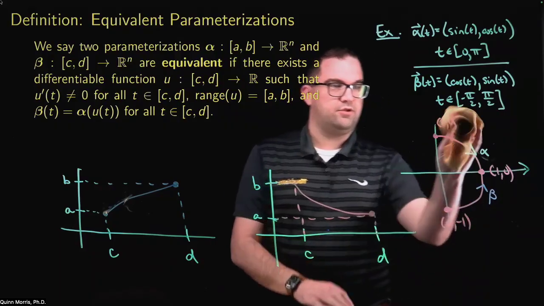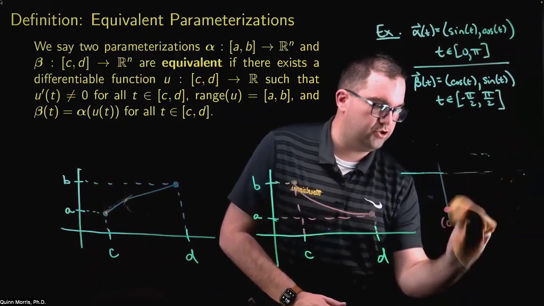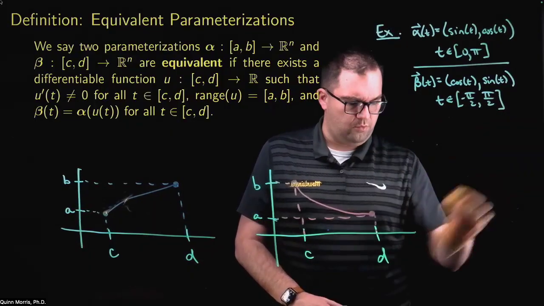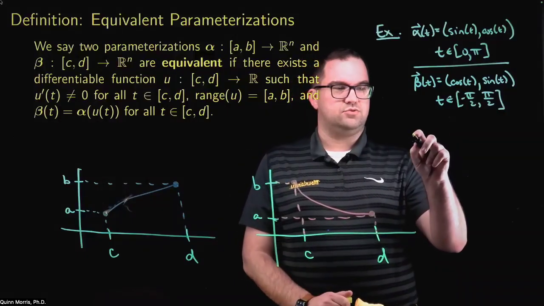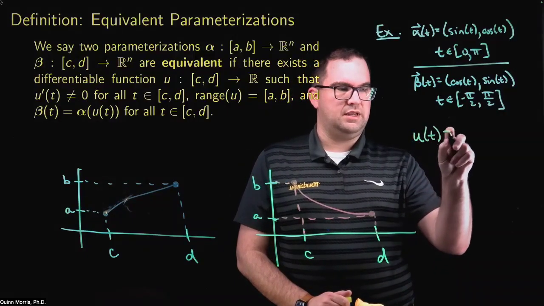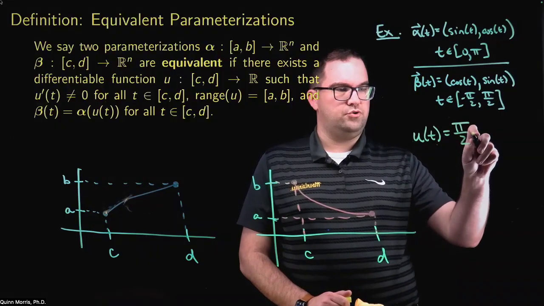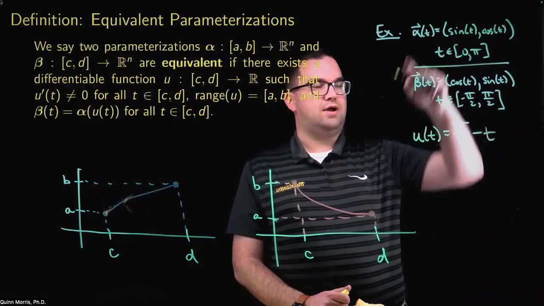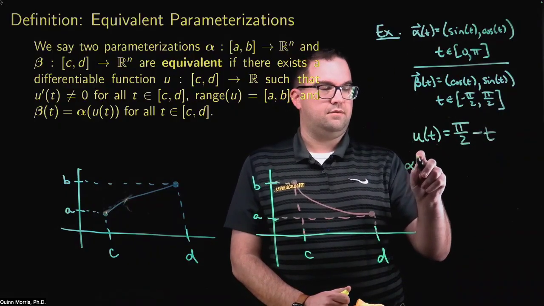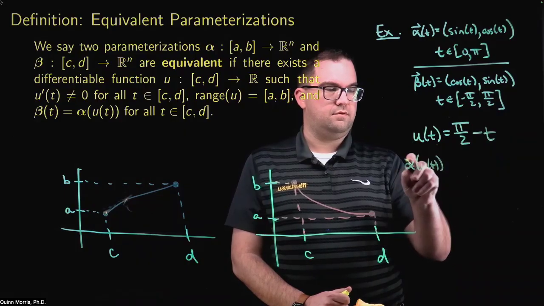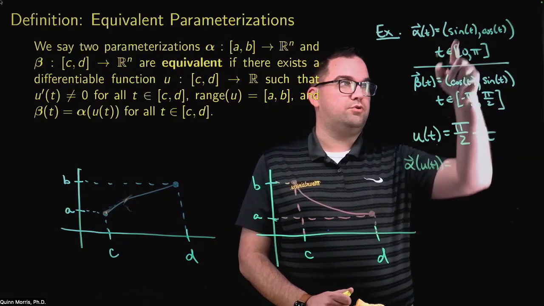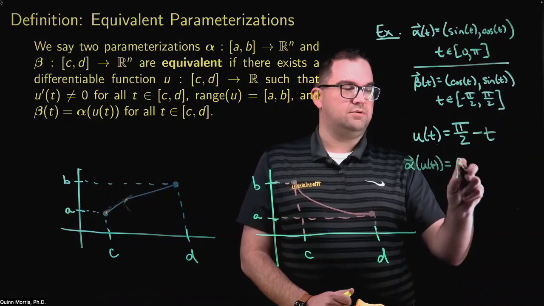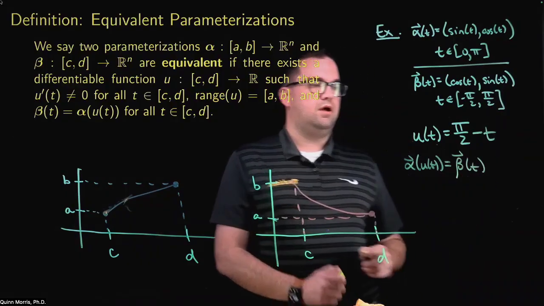Now, in this particular case, we can find such a u of t. We just need to use a little bit of trig. And one of the things I may ask you to do for homework is just to verify that this works. But if I take u of t to be pi over 2 minus t, then if I plug this in, so I consider alpha of u of t, I can show that this is equal to, so I would just plug in here what those values are, and I would get that that was equal to beta of t.